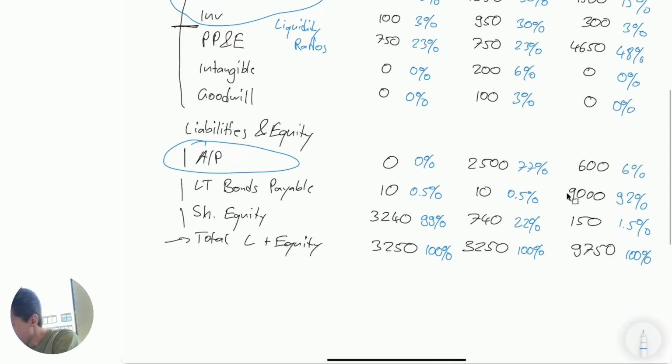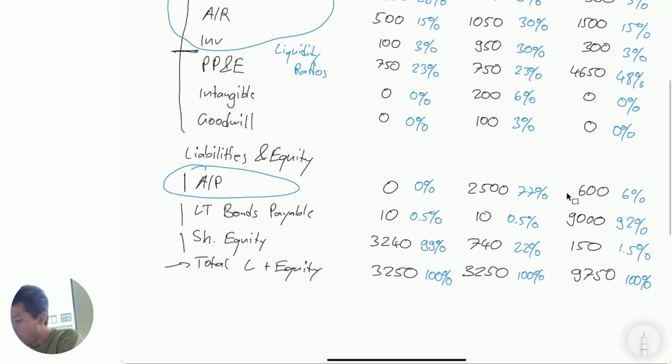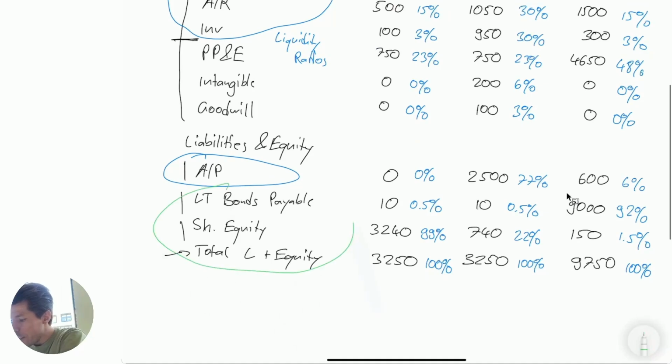What we can also see, and again, I will do another video on those, is we can also learn more about the capital structure and some of the solvency formulas. We can see here that debt accounts for more than 90%, whereas equity is not even 2%.